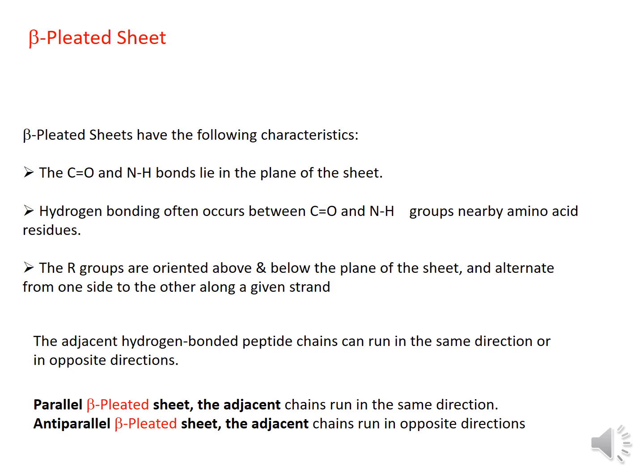Remember, the adjacent hydrogen-bonded peptide chains can run in the same direction or opposite directions. One is parallel, another is anti-parallel. Parallel means adjacent chains run in the same direction, whereas in anti-parallel beta pleated sheets, adjacent chains run in opposite directions. I have illustrated that clearly in the earlier slide.